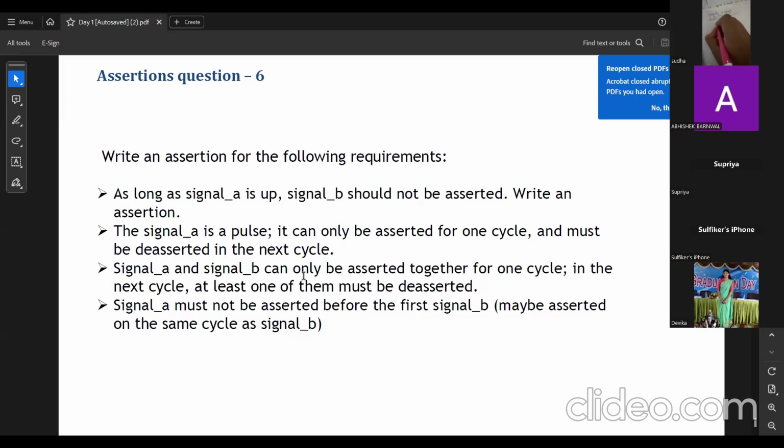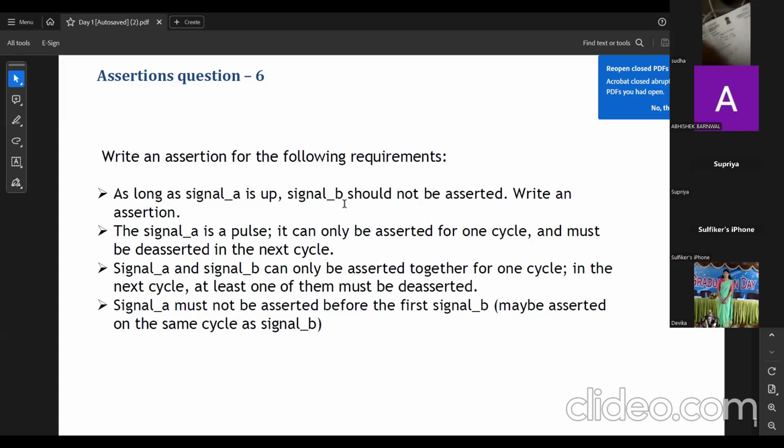So, now the main part. When signal A is asserted, signal B should not be asserted. Means when signal A is there, signal B should not be asserted. That condition you have to check. How can you find when it is asserted or not? How to find when it is de-asserted or not?